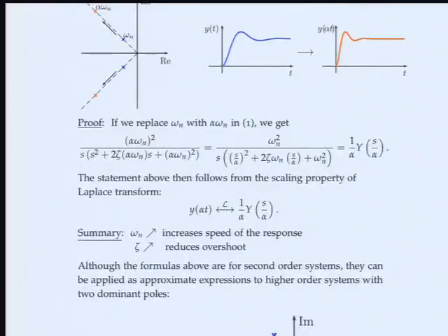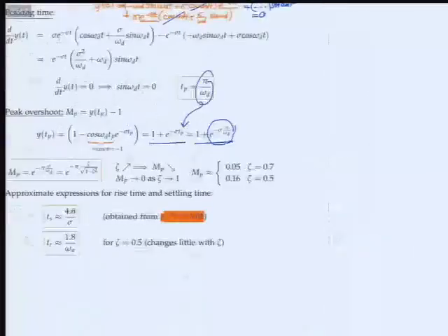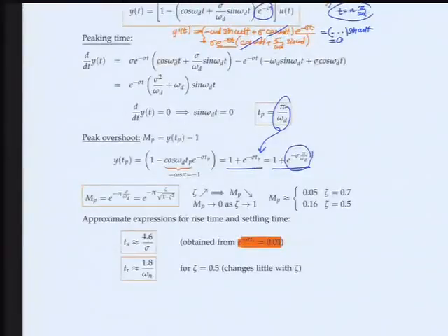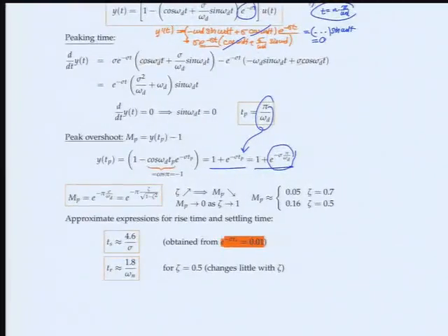The effect of zeta is overshoot. Larger zeta is well damped, doesn't give you much overshoot. Smaller zeta is going to give you overshoot. Is there ever a value for which you have 0 overshoot? Let's look back at this solution. Peak overshoot, here it is.